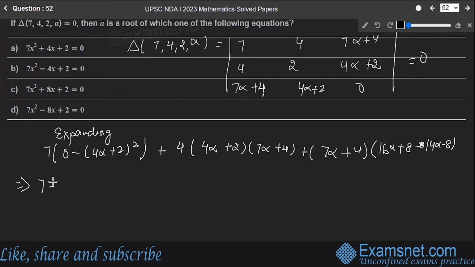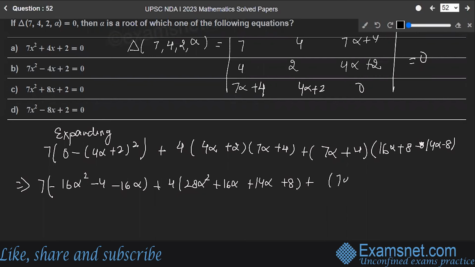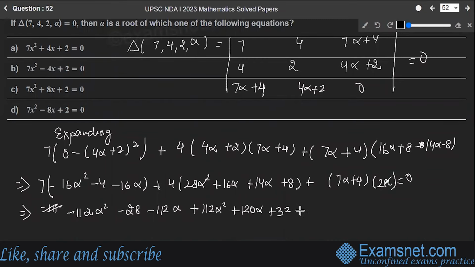So let's solve it. You will have 7 into minus 16 alpha square minus 4 minus 16 alpha plus 4 into 28 alpha square plus 16 alpha plus 14 alpha plus 8 plus 7 alpha plus 4 into 2 alpha is equal to 0, which on solving will give you minus 112 alpha square minus 28 minus 112 alpha plus 112 alpha square plus 120 alpha plus 32 plus 14 alpha square plus 8 alpha is equal to 0.